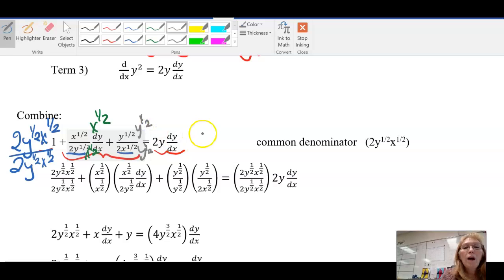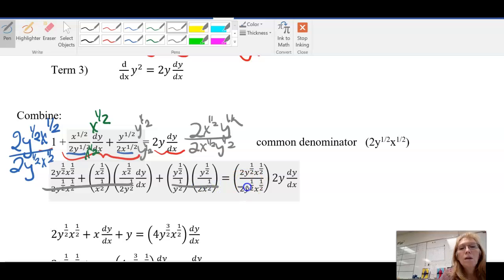And the 2y needs everybody. He will need 2x to the 1/2, y to the 1/2, numerator and denominator. All right, that's what this step right here is showing. So once we have that done, all of your denominators cancel. Everybody but the dx, he's still there because we need to solve for him.